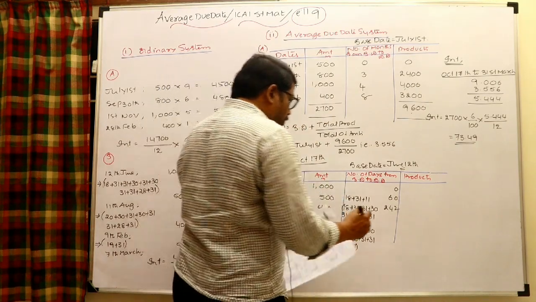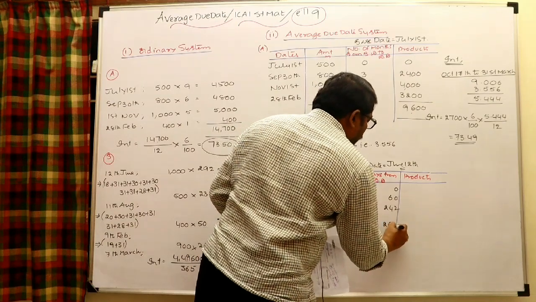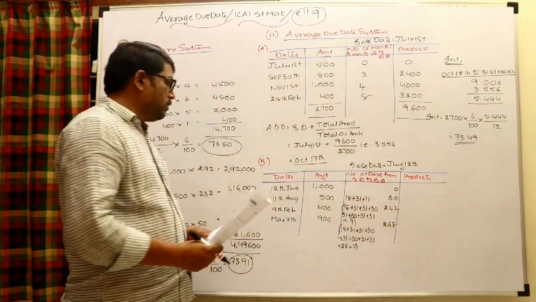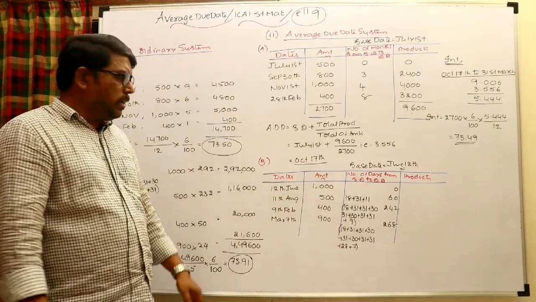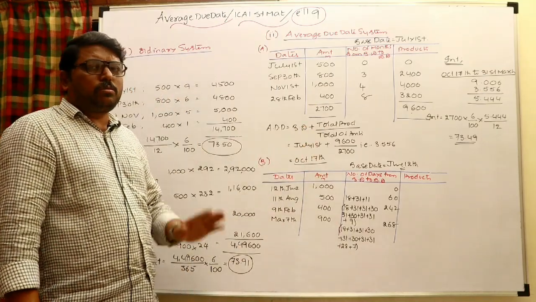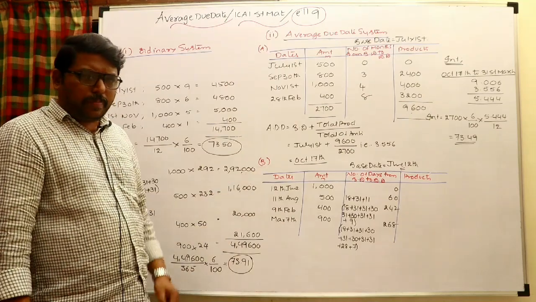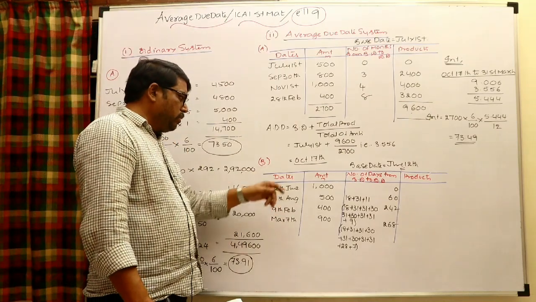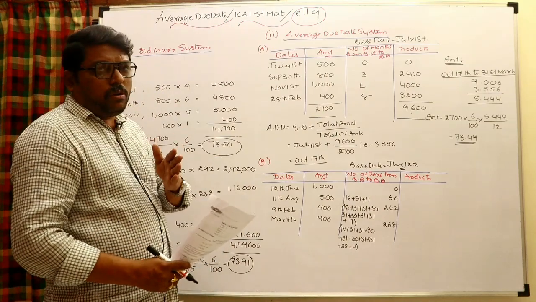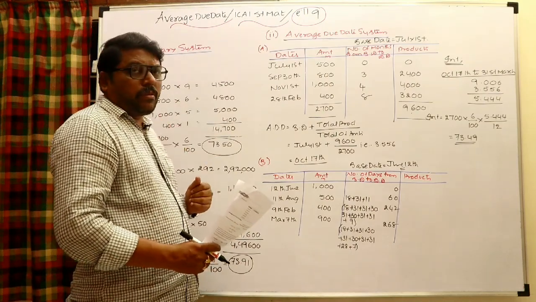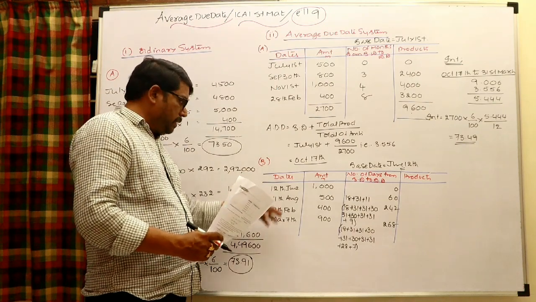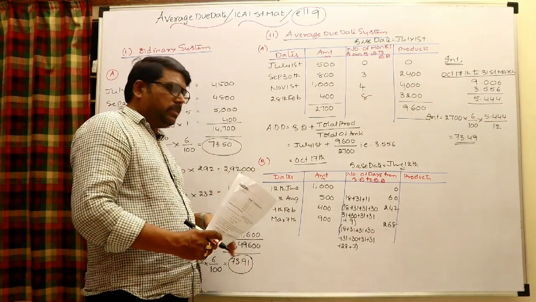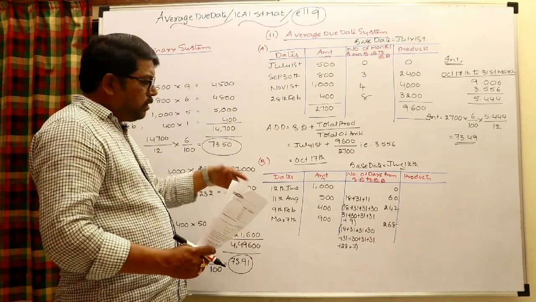Here you can say 268. Out of the given dates, any date you may select, but here June 12th is taken, and June 12th is the earliest date. Not February: in case of a calendar year February would be the earliest date, but here March is the financial year end, so June is the earliest date.